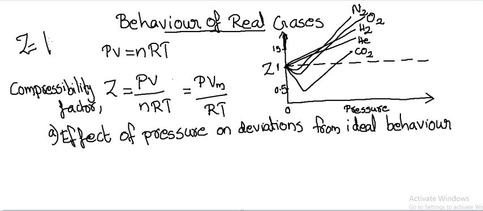So here we measure how much the value of Z deviates from unity for a real gas compared to ideal gas.